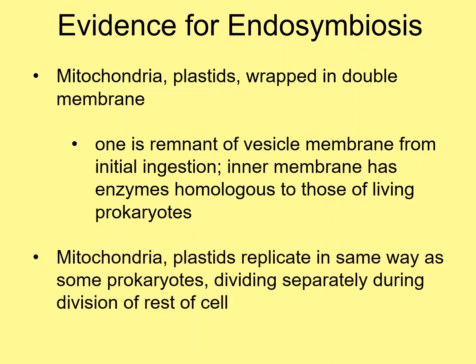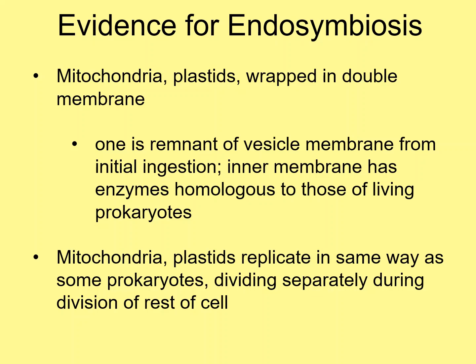Mitochondria and chloroplasts also replicate themselves in the same way as prokaryotes. They basically use binary fission. They don't do mitosis, because again they have a circular chromosome and not a linear chromosome. They also divide separately during cell division from the rest of the cell.